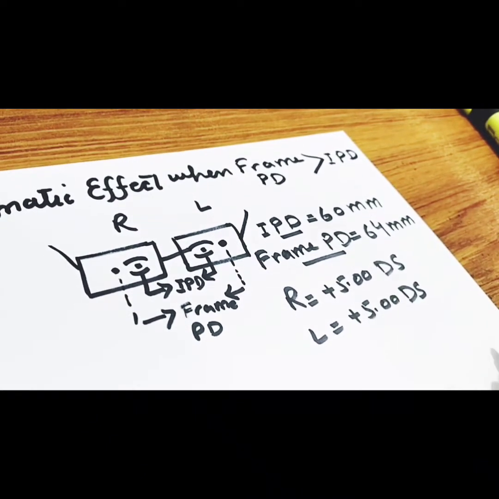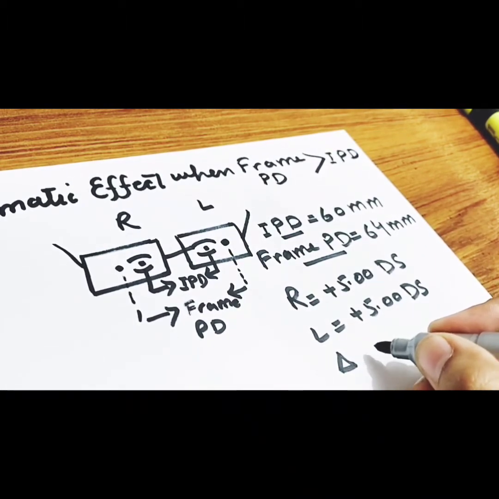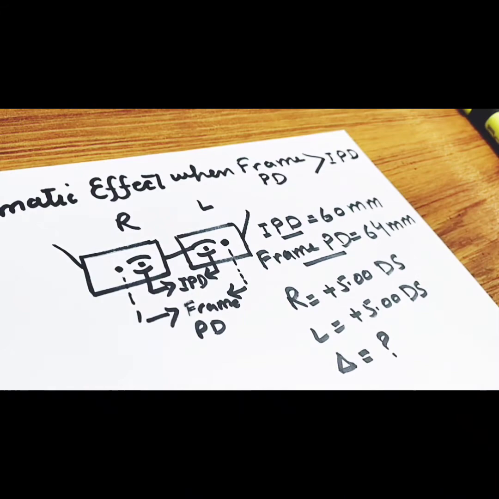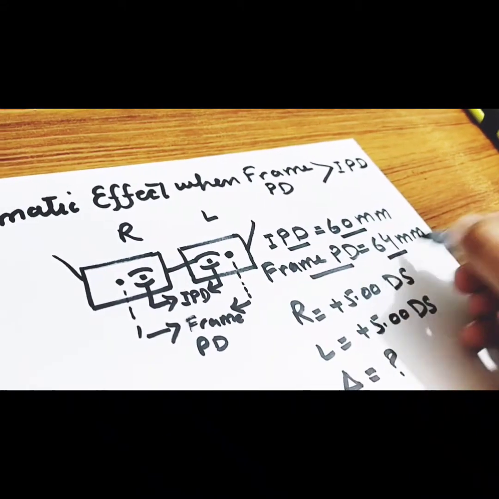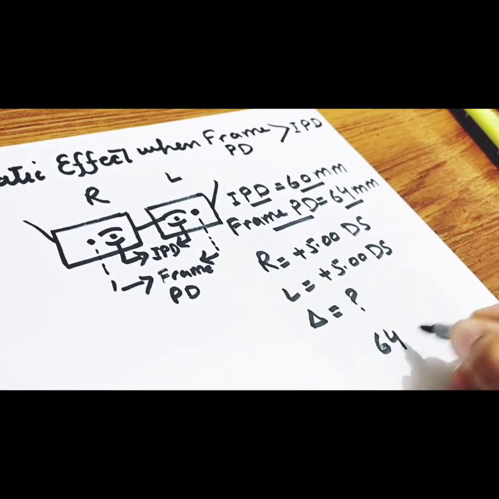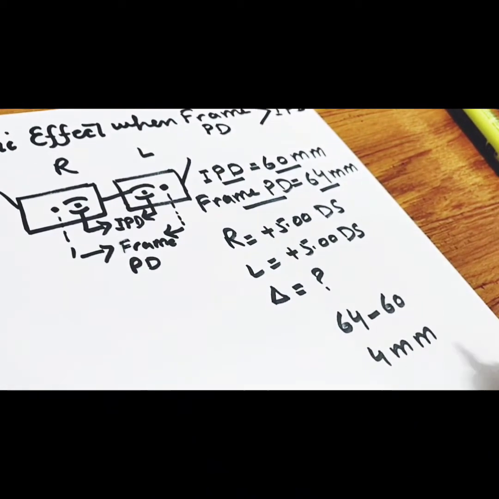Now we want to calculate or measure prismatic effect and its base direction. How do we calculate? Now let's see. As we know, frame PD is more than IPD, so the difference is 64 minus 60 mm, which is equal to 4 millimeter.